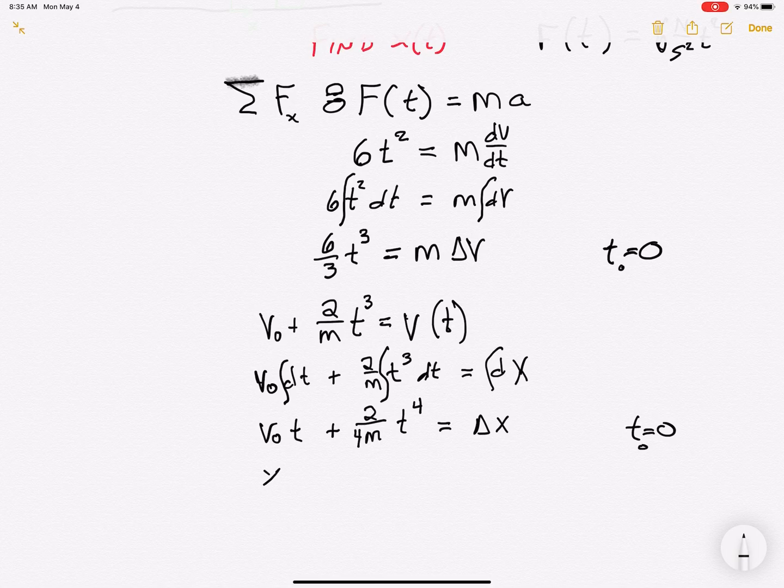So here I would write x as a function of time is equal to v naught t plus 1 over 2m t to the 4 plus x naught.